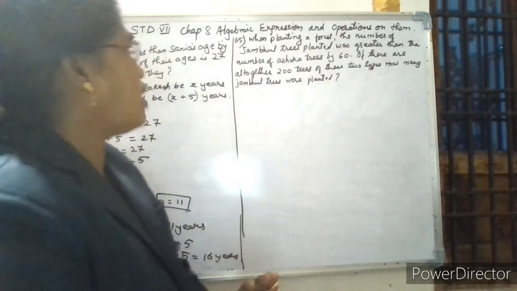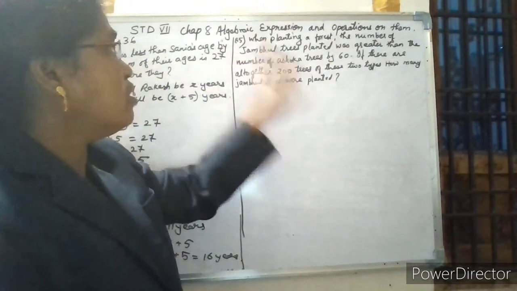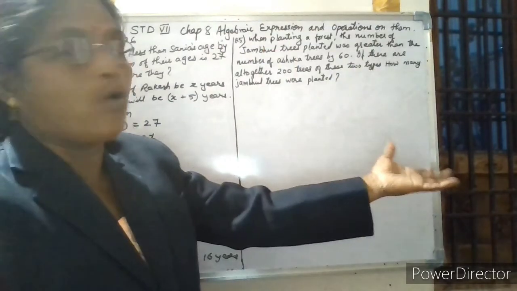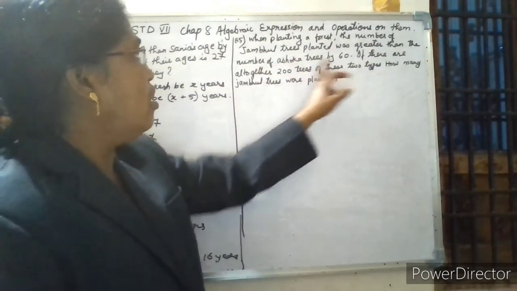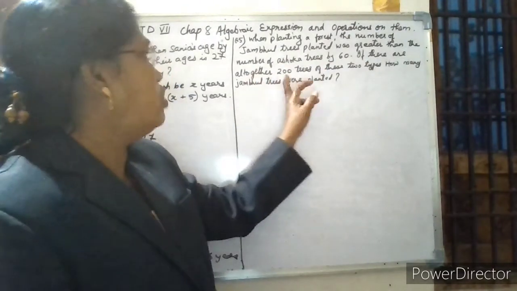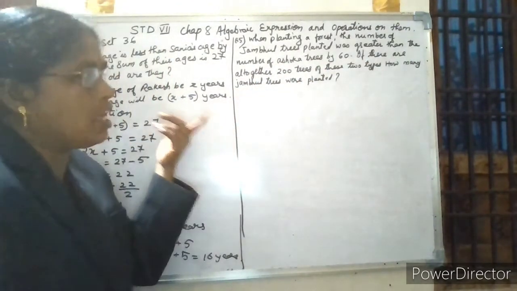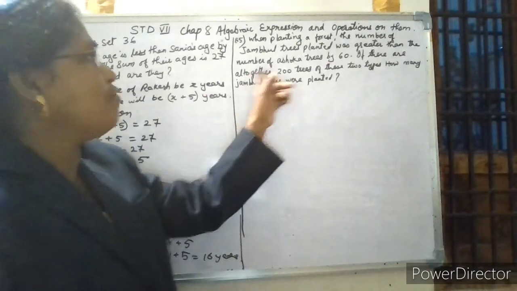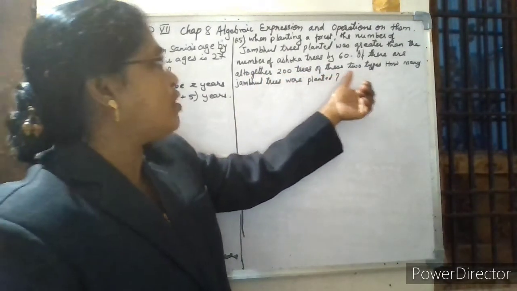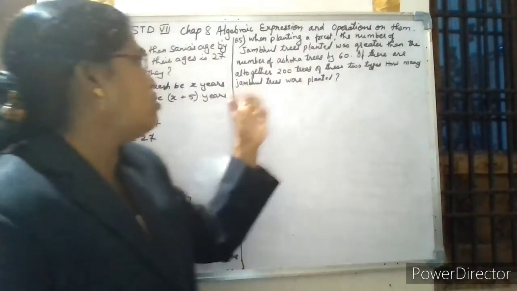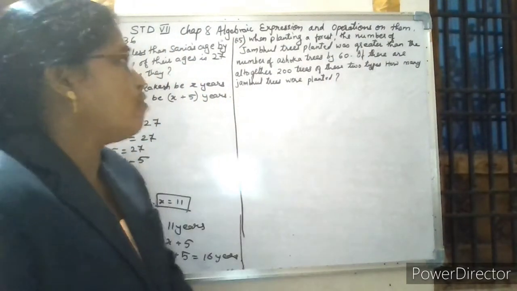That means Jambul trees planted were 60 more than the Ashoka trees. Again, same type of question as this one. If altogether there are 200 trees of these two types, then how many Jambul trees were planted? We have to find this out.